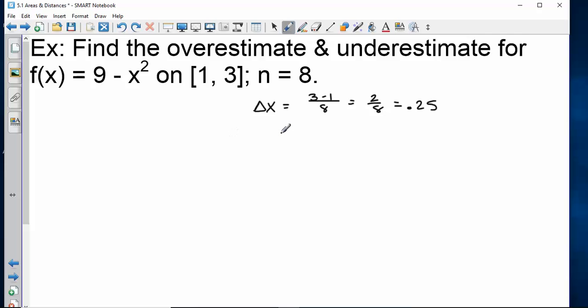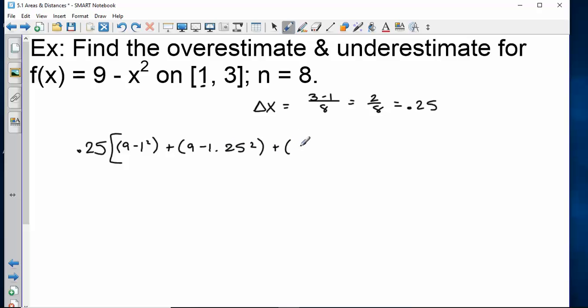Alright, so let's say you didn't draw a picture, so you're not for sure which one is the over and under. Let's just talk about how I would calculate the two of them. The width is going to be my 0.25, no matter what. How many things am I adding together? 8. One of them will start at your first endpoint. So the first one I will start at 1. Now I have to plug my 1 into this equation. So it's 9 minus 1 squared. Plus, you add your change in x. So now we're at 1.25. So 9 minus 1.25 squared.